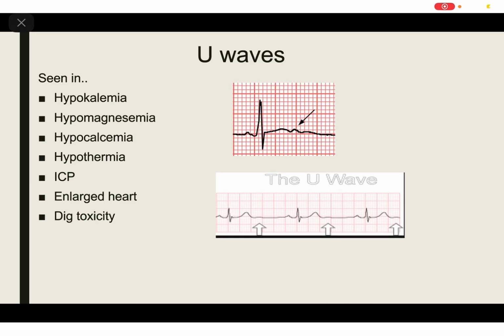All right, so U waves. We have a little bit of a dip in our EKG past our T wave. It could be seen in a bunch of different toxicities: electrolyte imbalance from all the important cations, increased intracranial pressure, enlarged heart, or digoxin toxicity, which is still used, especially in the rural communities.